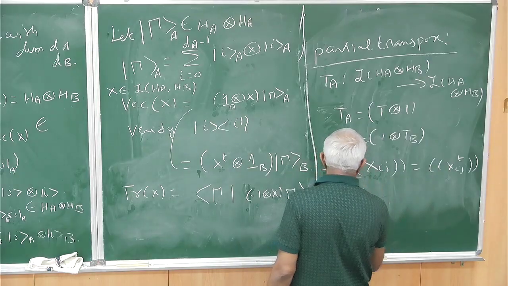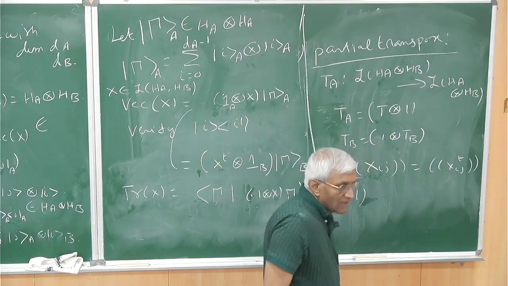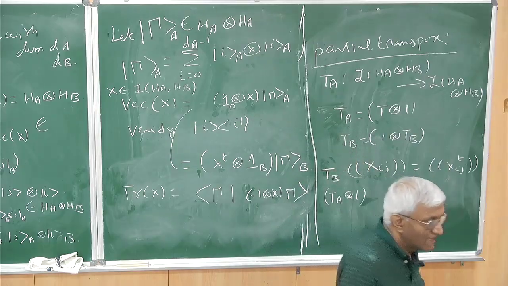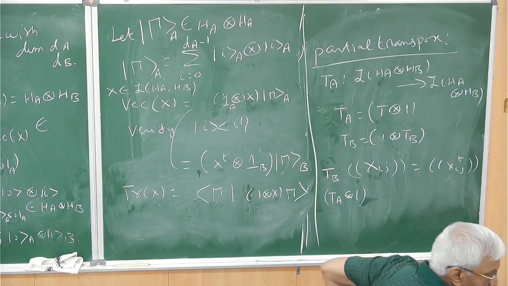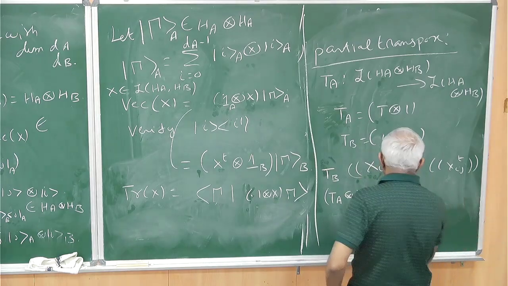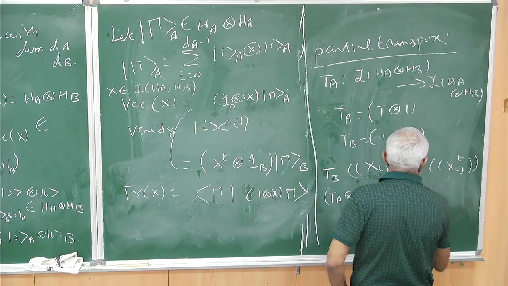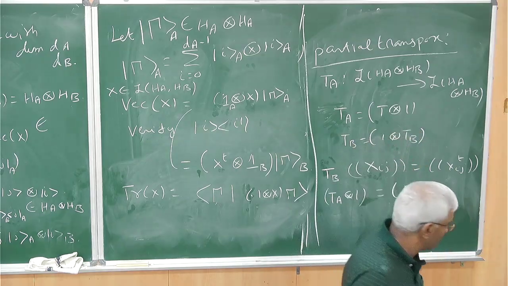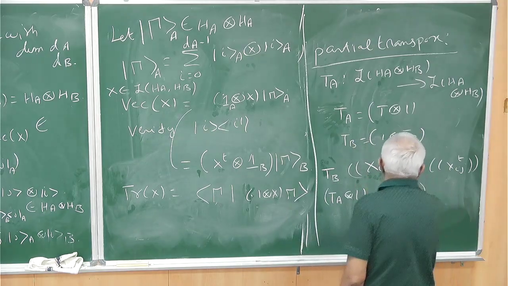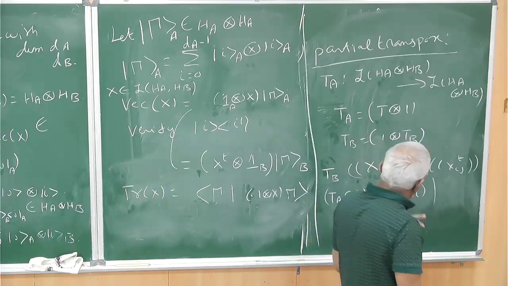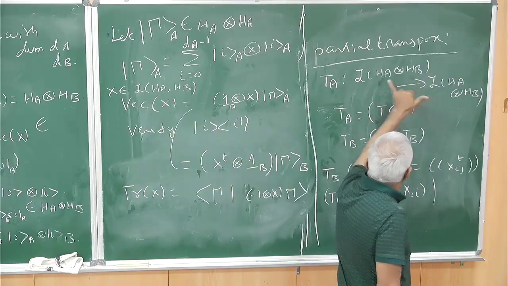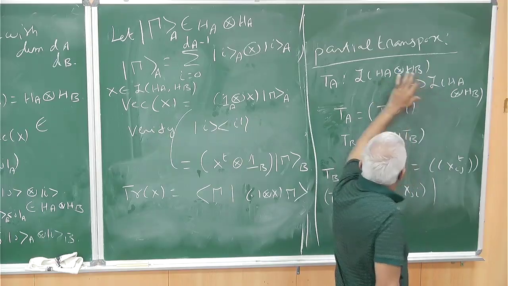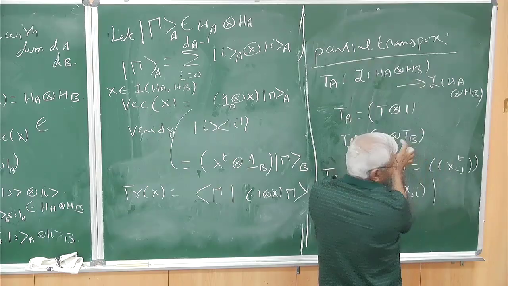TA tensor 1. Yeah, Xji will work. This is a square matrix. What actually happens is, if you want to write L of HA tensor L of HB, you take all these matrices and arrange them like that.